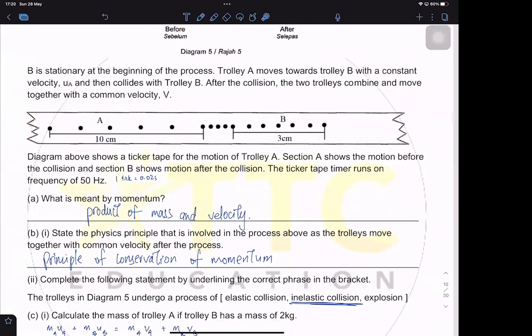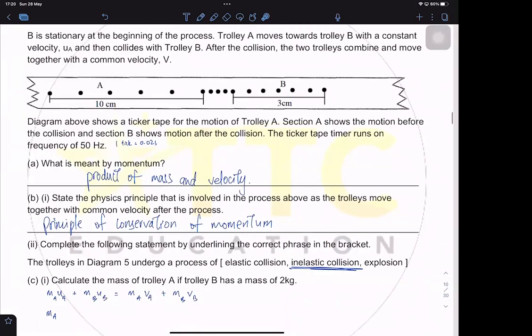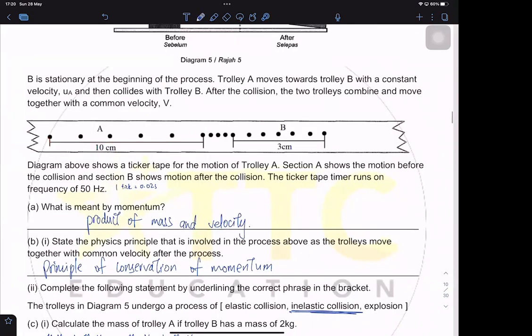So this ticker tape, right? This is the initial. Actually, don't ignore the A and B. This is before hitting, this is during hitting, this is after hitting. Before, during, and after. So before, this is the velocity: distance divided by time.